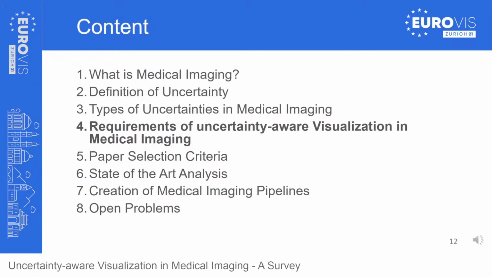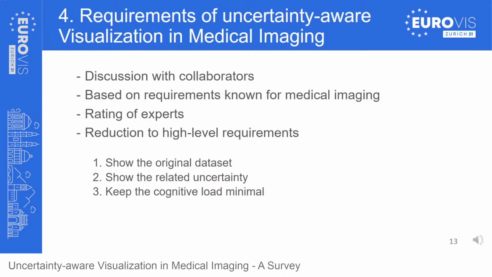So now that we understand what types of uncertainty can occur in medical imaging, we need to define some requirements that need to be fulfilled to be a very good uncertainty-aware visualization in medical imaging. And how could we come up with those requirements? Because there's actually no literature on requirements of uncertainty-aware visualization in medical imaging.